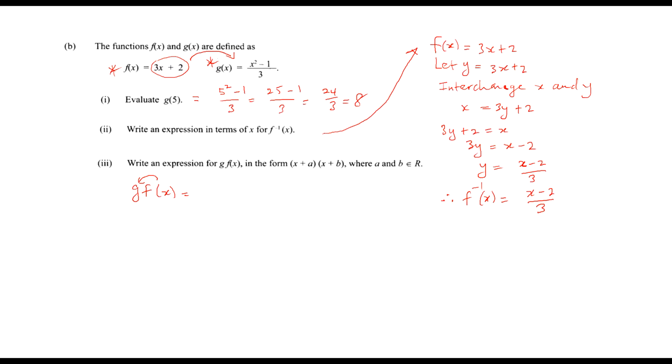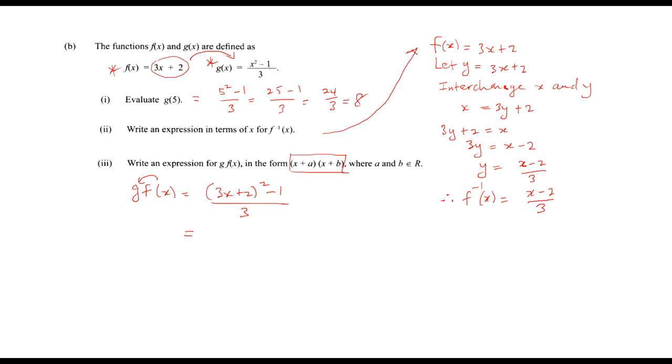So it's (x squared minus 1) over 3, so we're going to put ((3x plus 2) squared minus 1) over 3. But they said they want it in this form here, (x plus a)(x plus b). So let's see if we can simplify this.